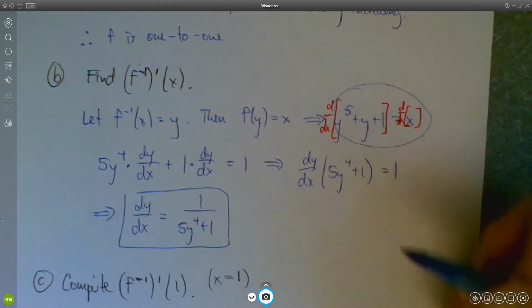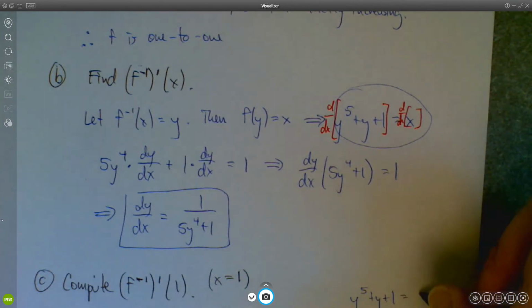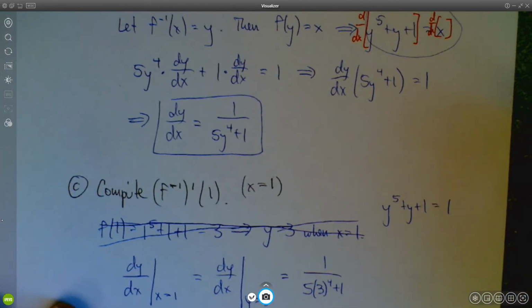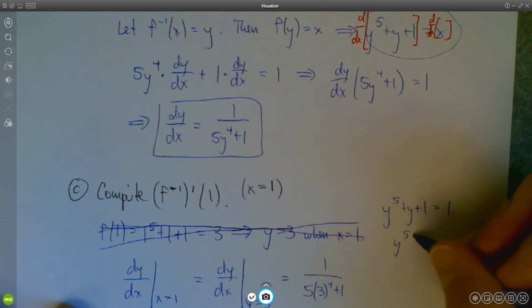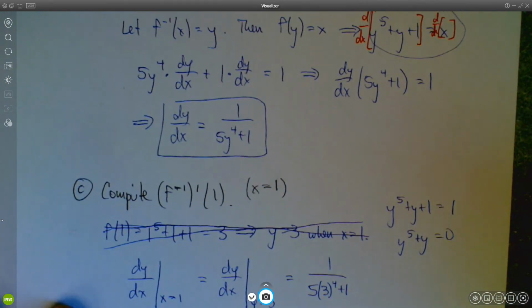So really I need to say y to the fifth plus y plus 1 equals x, right? Equals 1. That's actually not terrible. If I subtract the 1, I get y to the fifth plus y equals 0.